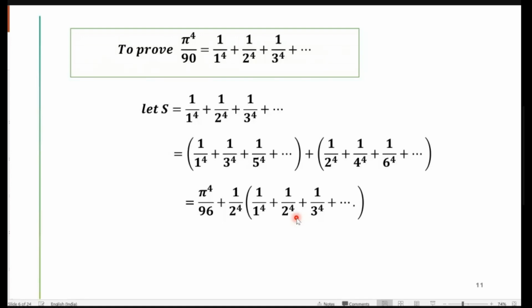Is it okay? Second term, 1 upon 2 raised to 4 plus 1 upon 3 raised to 4. Yes? Okay. So we are taking 1 upon 2 raised to 4 common.